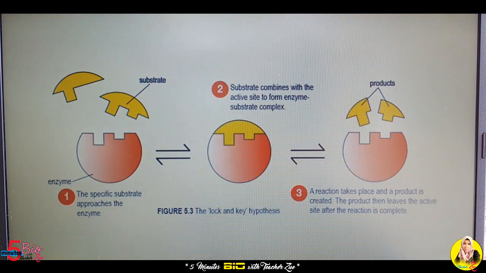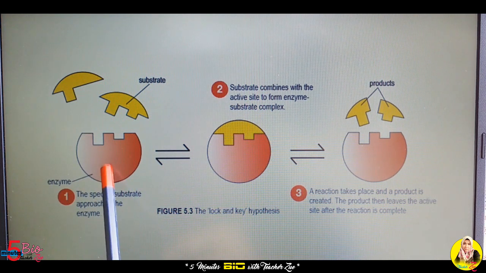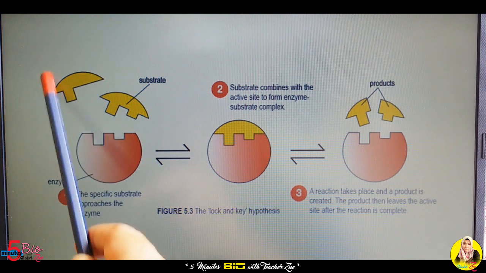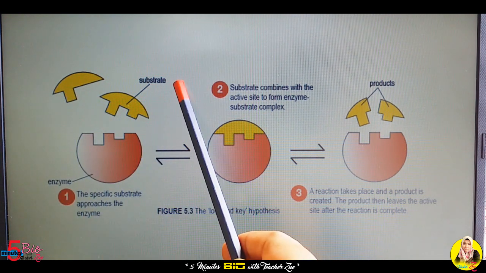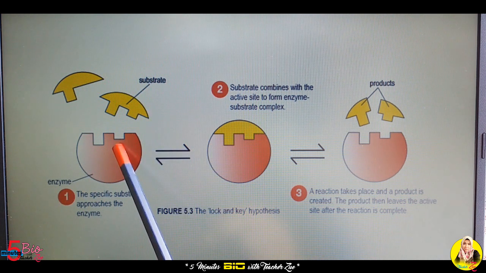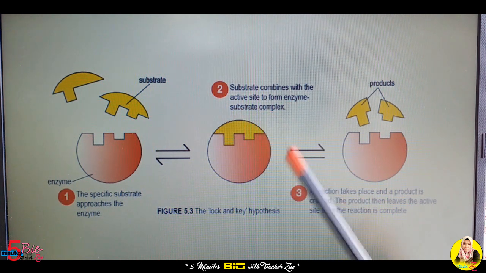This is the complete diagram of the lock and key hypothesis. An enzyme and substrate. This is the wrong substrate. This is the right substrate. So the specific substrate approaches the enzyme and forms the enzyme substrate complex.